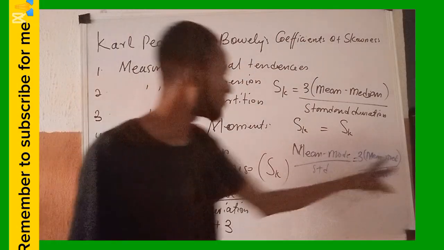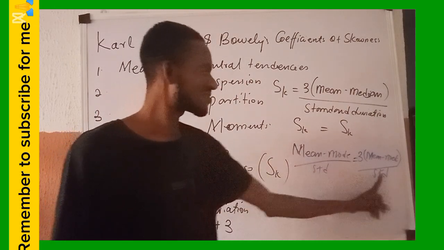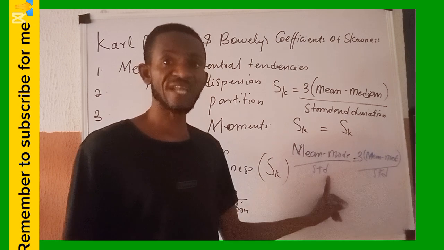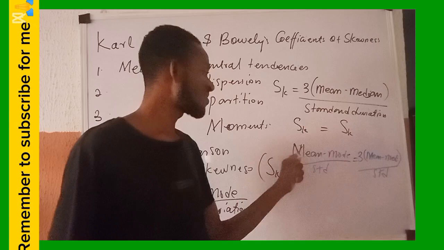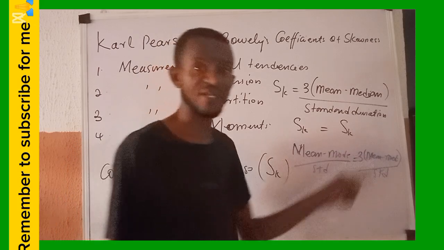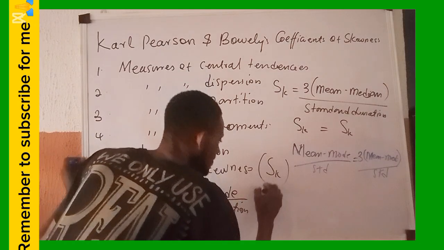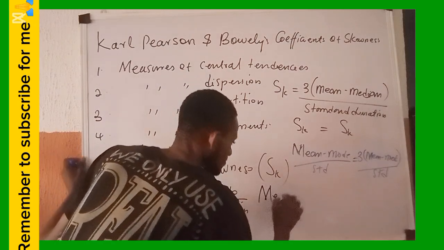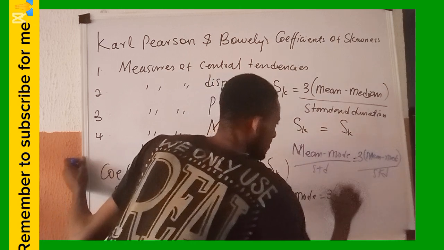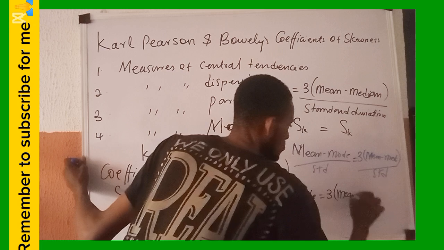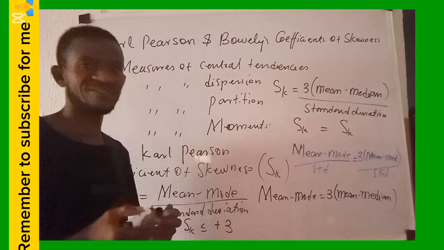Now, if you watch, the denominator here is standard deviation, the denominator here is standard deviation. And this standard deviation is equal to this standard deviation. Therefore, this numerator must be equal to this numerator. And in that case, one can therefore say that here you have that your mean minus mode is equal to 3 into mean minus median. See what we have arrived at.